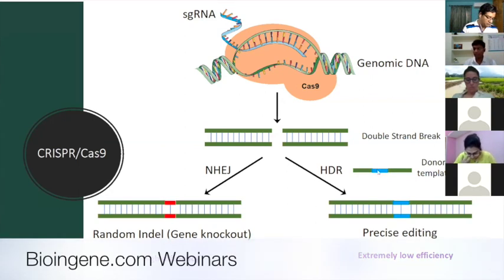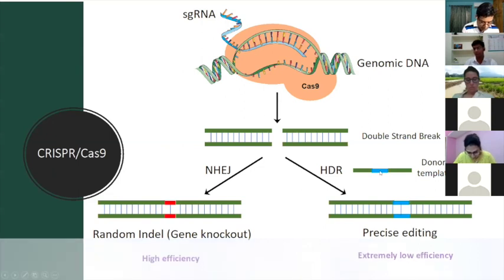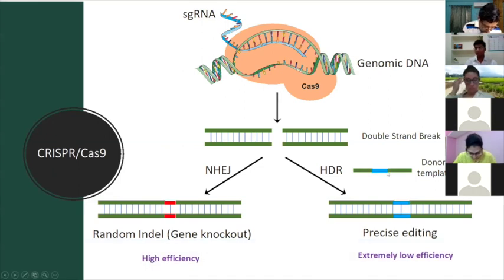If you see here, the blue is the change that you want to incorporate, and in that donor template you make two homologous arms. The cell will treat this donor template, if it is present in adequate amount, as a template, and copy this information to the broken end. Then your intended change is incorporated into the genome. That's homology-directed repair.